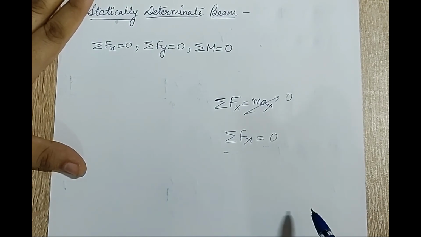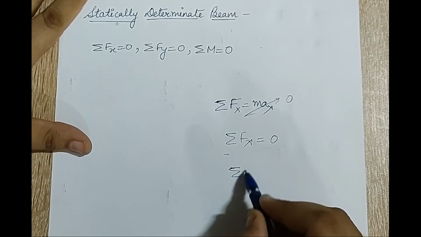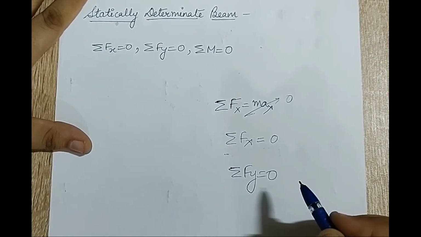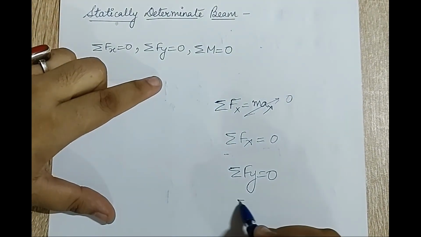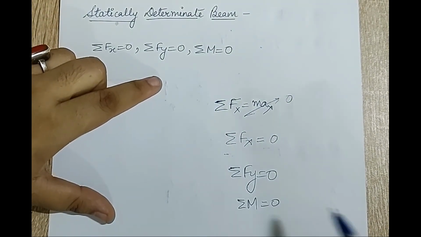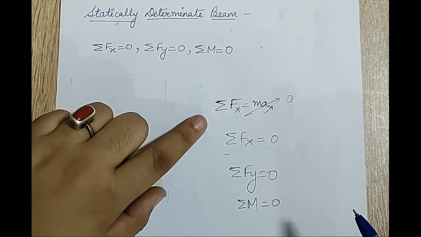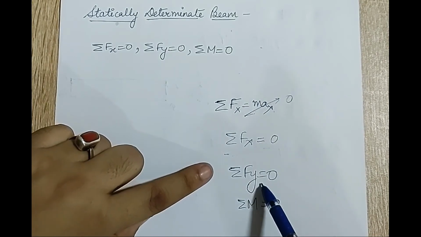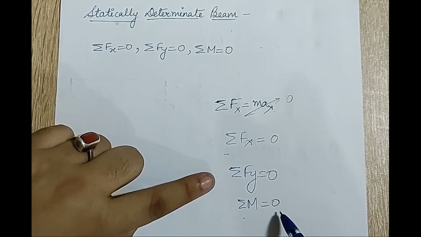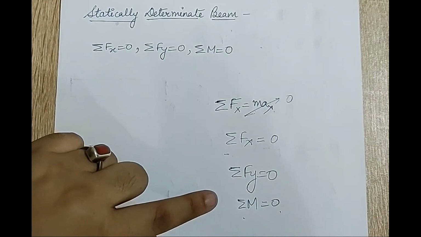This is called D'Alembert's principle. Now, this is also applicable to force in the y-axis. There is also another equation which you see over here, that the summation of moment will also be 0. Now, this is obvious. When you say the summation of force is 0, which is equal to m into ax, you can say that the summation of moment is also going to be equal to 0 about any point in that body.